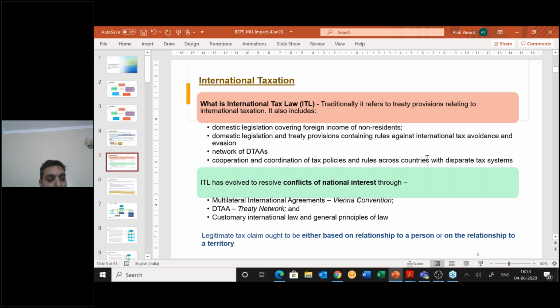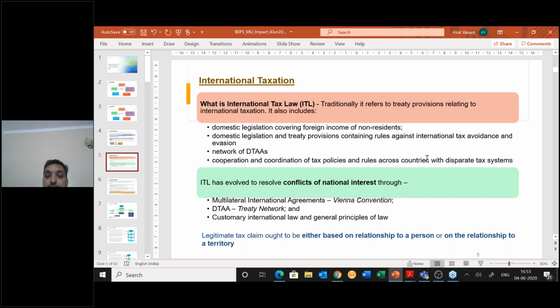Now, international tax law has evolved over the years to resolve conflicts of national interest. And we've all seen how it's evolved, right from the 1920s, when the first model double taxation convention was drafted.